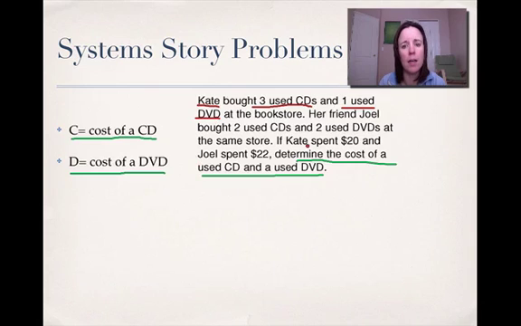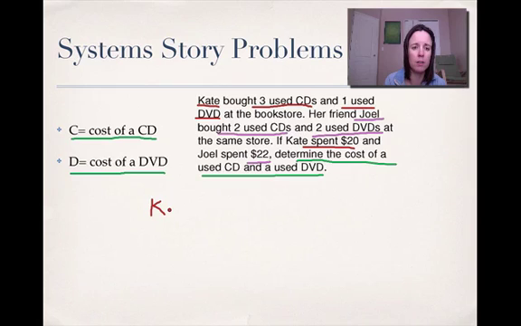And we also know that Kate is spending $20. So all this information for Kate is going to go together. We've also got Joel, and Joel bought 2 used CDs and 2 used DVDs at the same store. He spent $22. So let's write an equation for Kate.